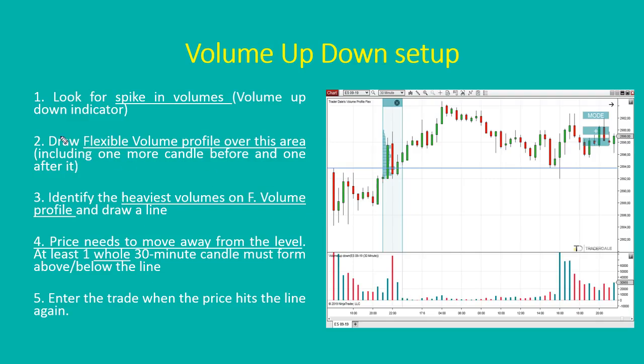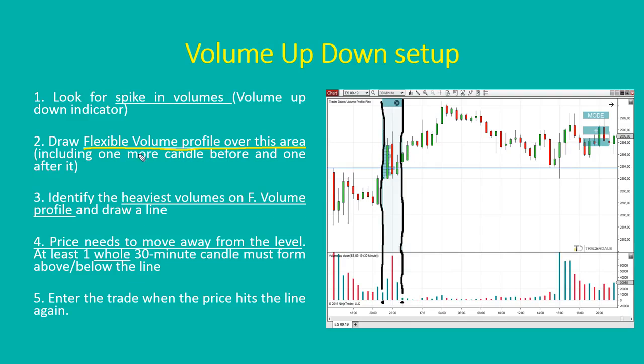then you go to step 2, and in this step you draw a flexible volume profile over this area. So you draw the flexible profile over the area where there was the volume spike. You draw it like this. This is the area you are interested in. Alright, and you draw the profile in the area, and it will include also those two volume bars.